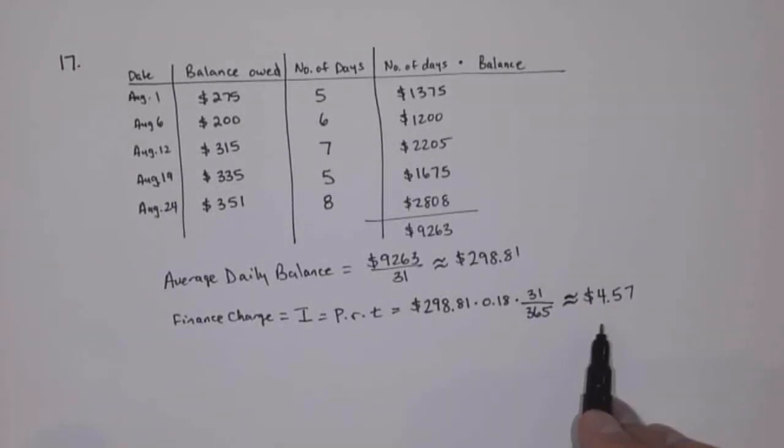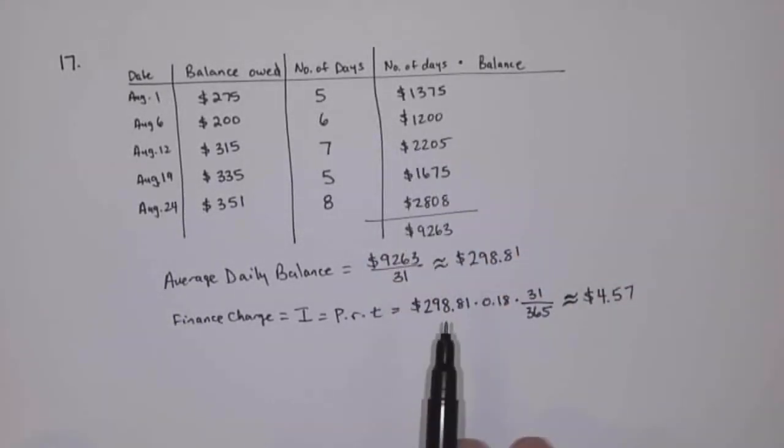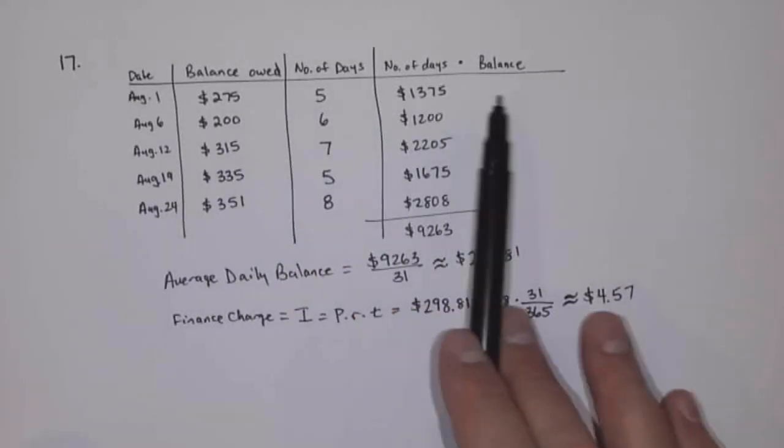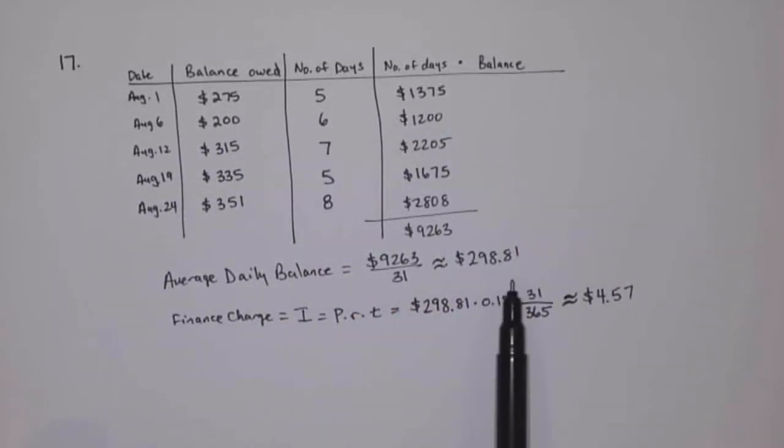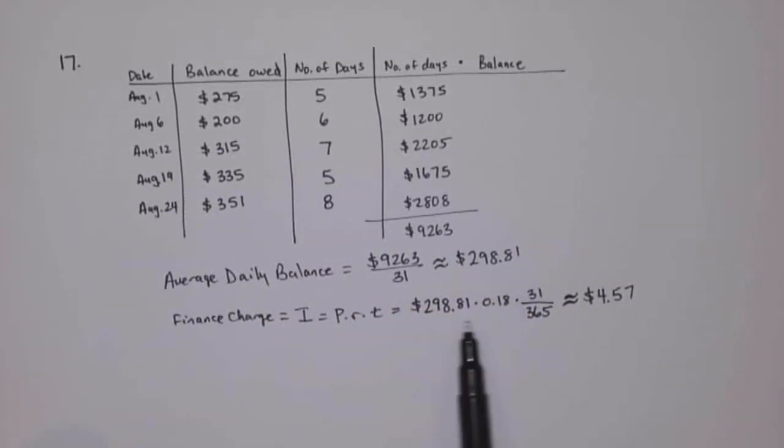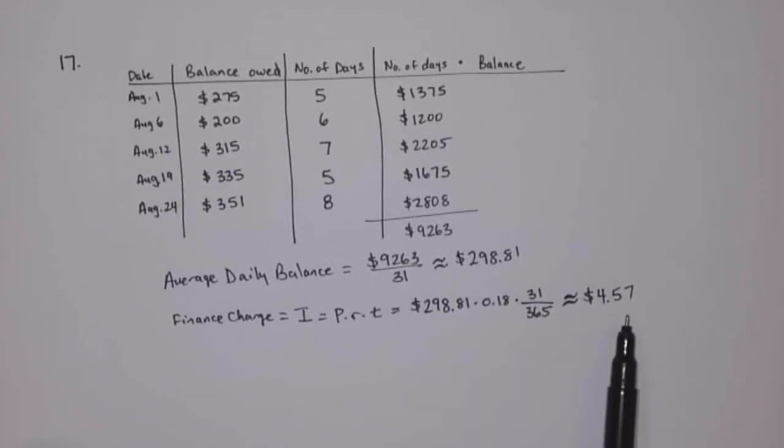So our finance charge for the month of August is going to be $4.57. Again, really what that means is that's the interest that we're paying for that average daily balance. So the tricky part here is you got to find the average daily balance. Once you find the average daily balance, then you just use the simple interest formula. Let's move on to number 18.